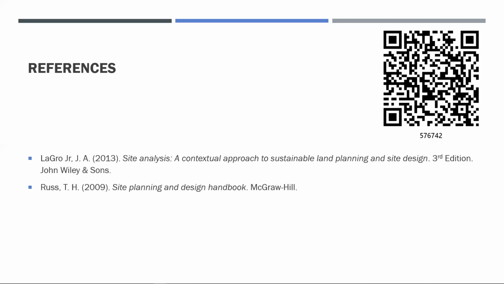So I'm going to leave it at that for the time being. But next week we'll talk more about other aspects of site inventory, like vegetation, street furniture, more into circulation, and transportation and such. And hopefully, after we talk about the different categories of site inventory, then we'll try and do a site inventory exercise.